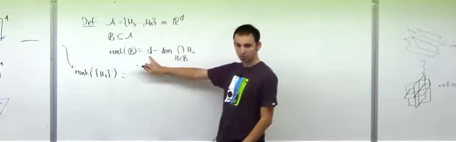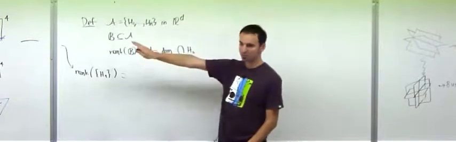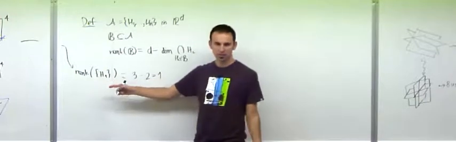So it's d minus the dimension of H1. d is 3 because we live in 3 dimensions, and each hyperplane is 2-dimensional, so we get 3 minus 2, which is 1. And you see, this is true for any of the hyperplanes, not just for H1.